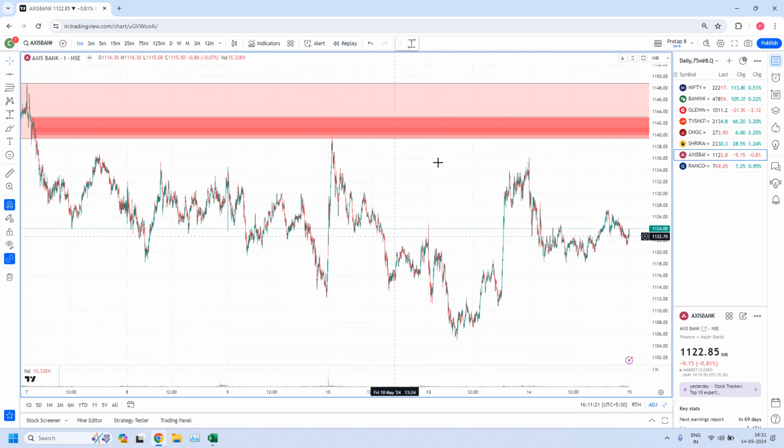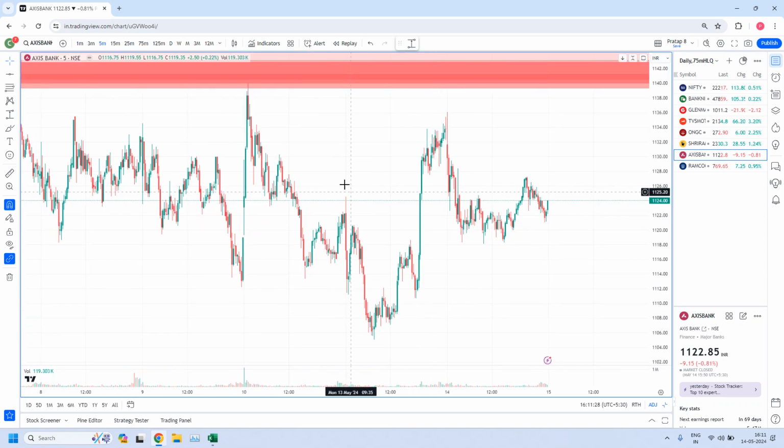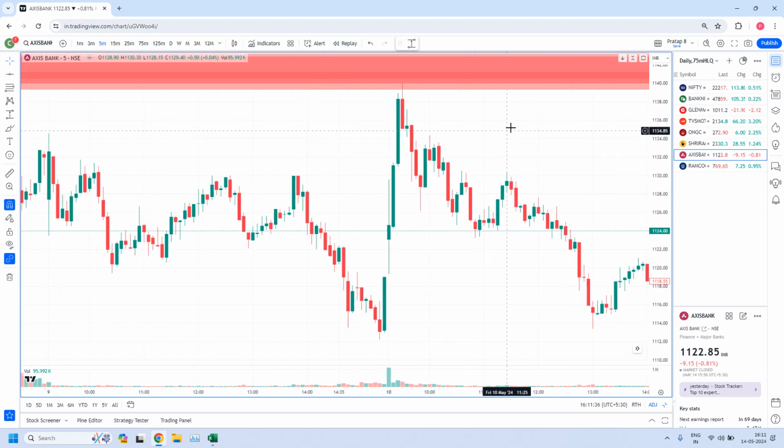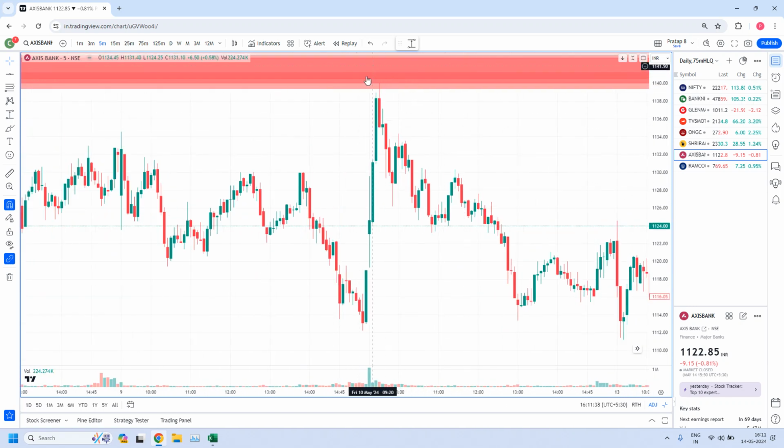But sometimes you are tempted by seeing a strong rejection in this area. If you look into the 5 minute, it just touched the proximal line and there is a good rejection and a good fall also. Maybe you might believe there is a strong order flow.